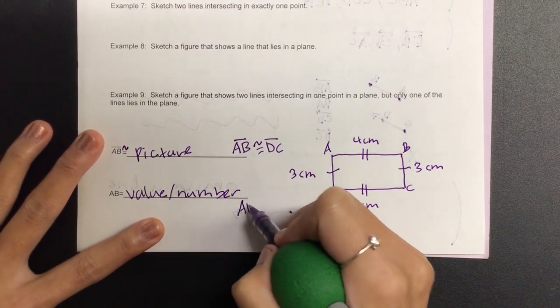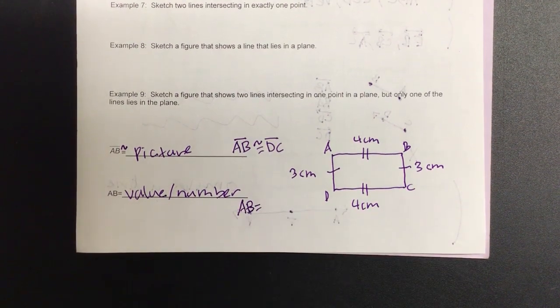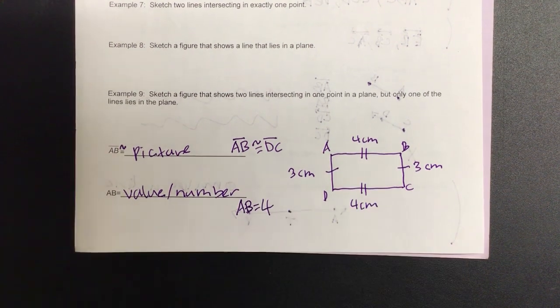If I give you AB without the segment above it, and it says equal to, I want a value. What's the physical value of AB? 4, that's it. So make sure you see the difference. If I give you the squiggly, the congruent to, I want another part that's congruent to. If I give you equal to, I want a number. What is the actual value? Are we good on that?